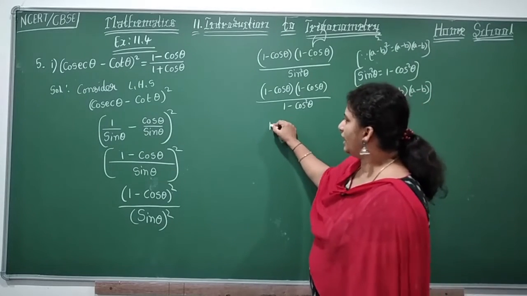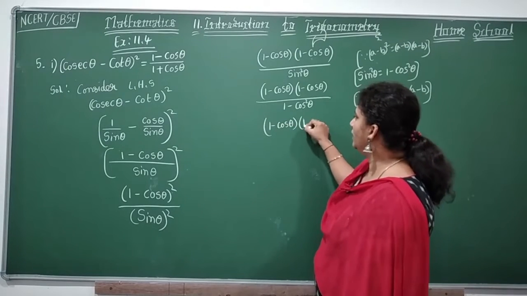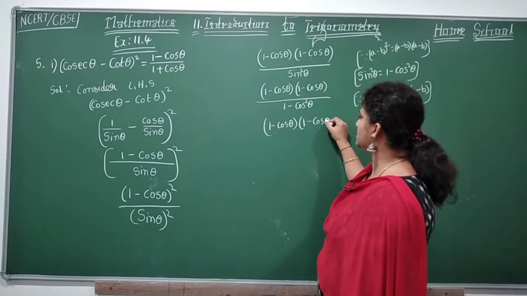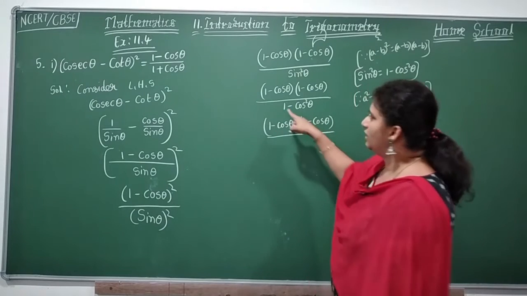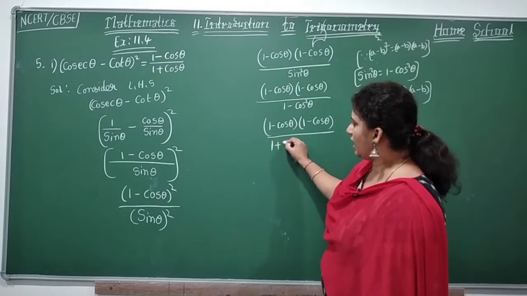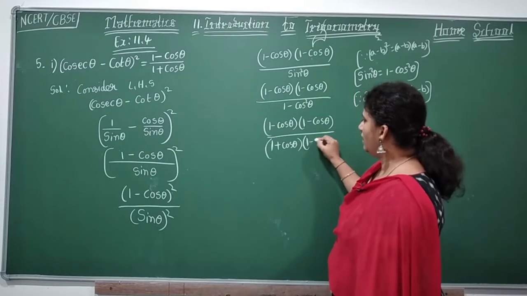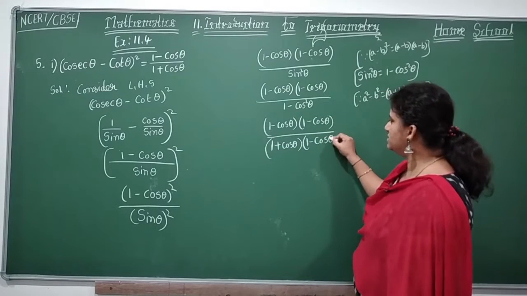So now, again rewrite 1 minus cos square theta by a square minus b square, a plus b into a minus b.